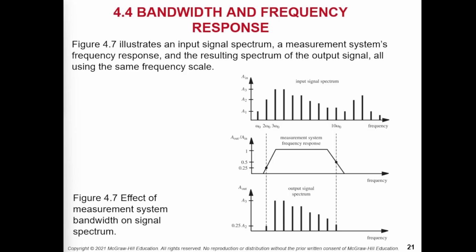For example, for the 10th harmonic, the ratio is 0.5. So you multiply 0.5 by the original value of the 10th harmonic, which is A10. It's not A1 and it's not A2, somewhere in between.